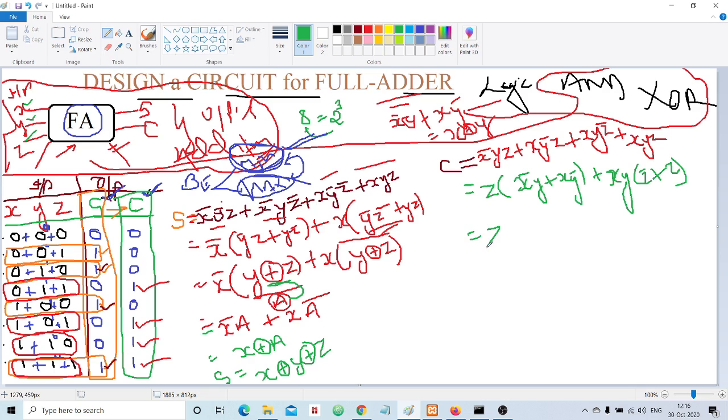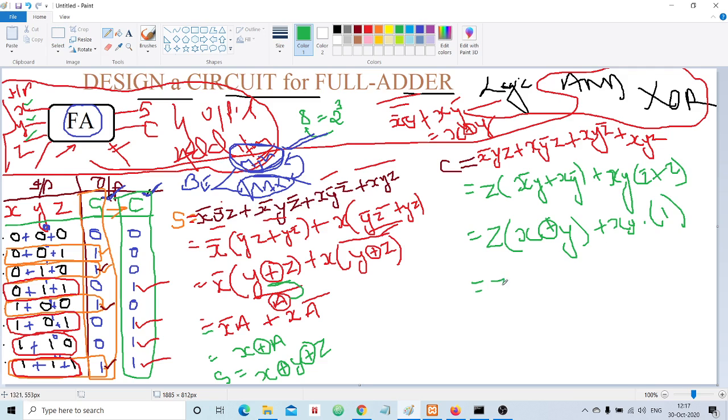So this can be written as z into x exclusive OR y, because x bar y plus x y bar is nothing but x exclusive OR y, plus xy ANDed with 1, because z bar plus z is nothing but 1. Correct?